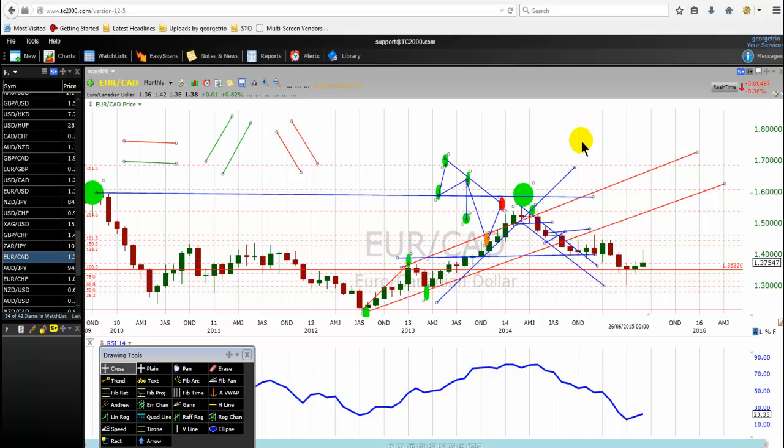It is usually going up together with the Euro-dollar or going down together with it. That is what we call positive correlation between two currency pairs.